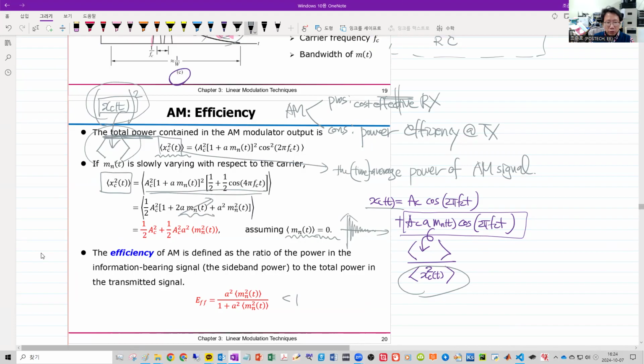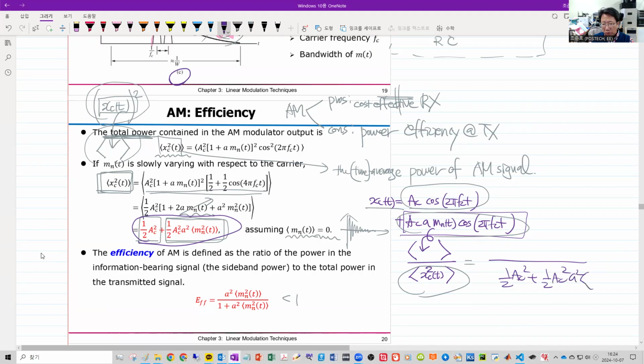But then we have what in the denominator? What is this one? This is actually the power of this carrier. And this is what? This is the power of the message carrying part. So actually, this ratio can be simply written as the sum of these two in the denominator and the second term in the numerator.